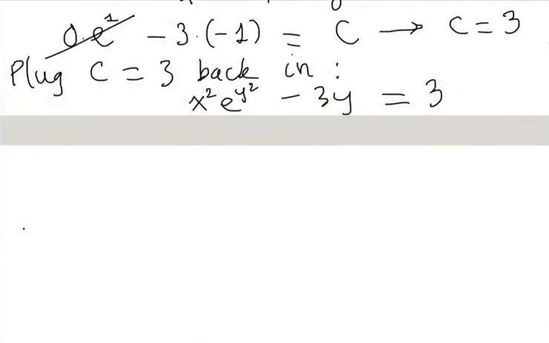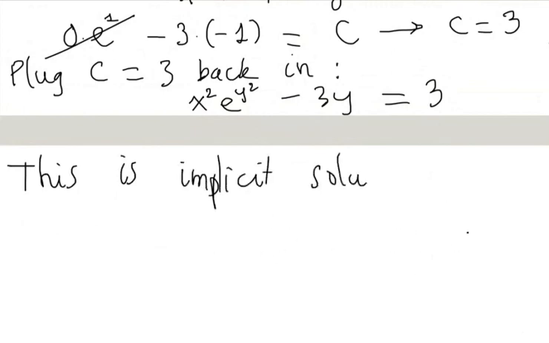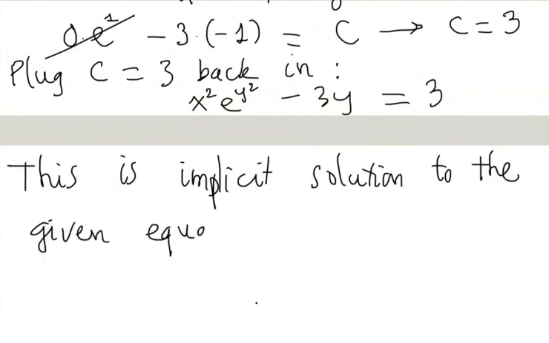This is our solution to the given equation, the implicit solution. For this, we won't be able to solve for y, so we have to leave the solution in the implicit form.